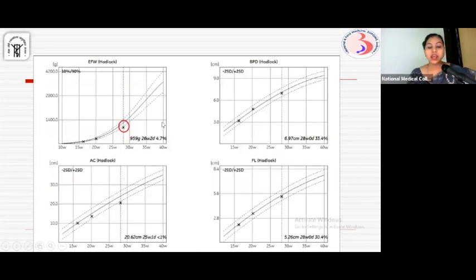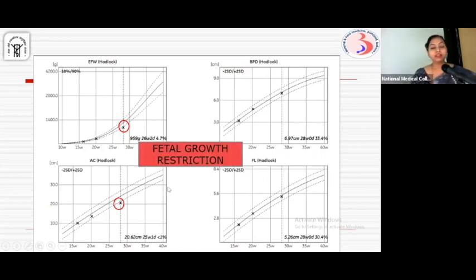At 28 weeks, the estimated fetal weight was less than 10th centile, and abdominal circumference was less than third centile. So that is suggestive of fetal growth restriction, early onset.